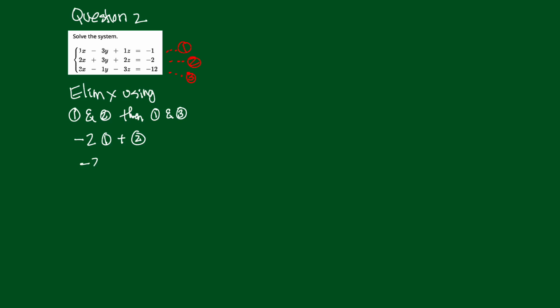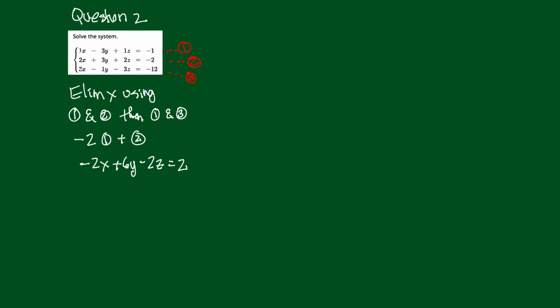It will be negative 2x plus 6y minus 2z equals 2, right? I multiplied everything by negative 2. Negative 2 times 1, negative 2. Negative 3 times negative 2 is the 6. Positive 1 times negative 2 is negative 2z. And negative 1 times negative 2 is 2.